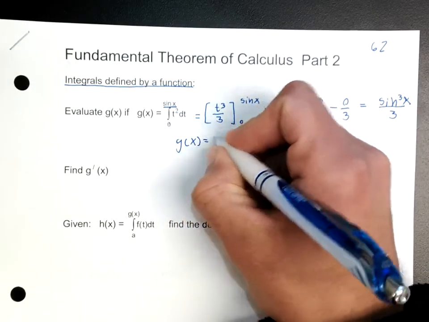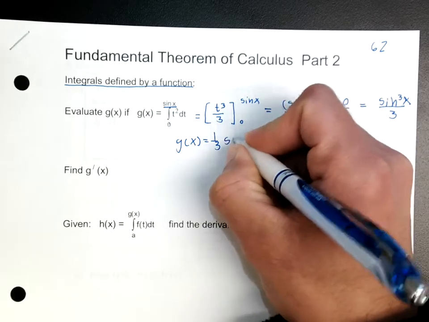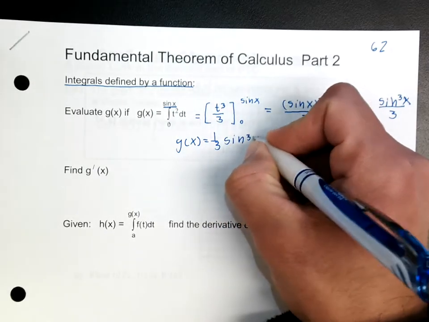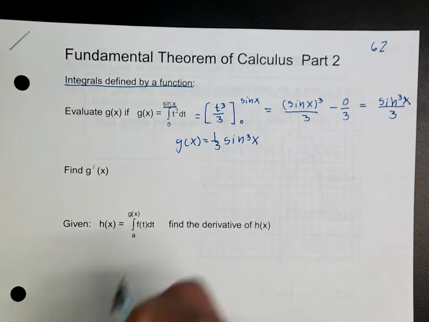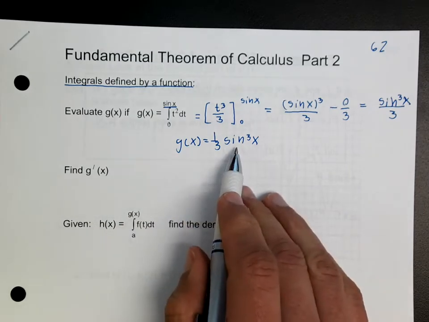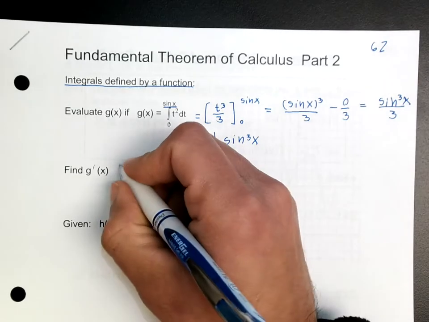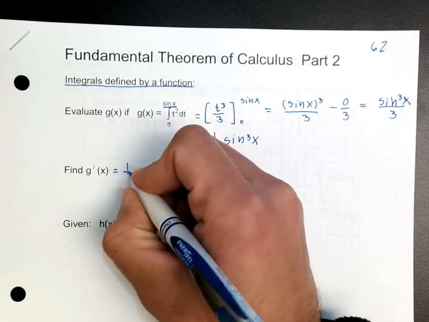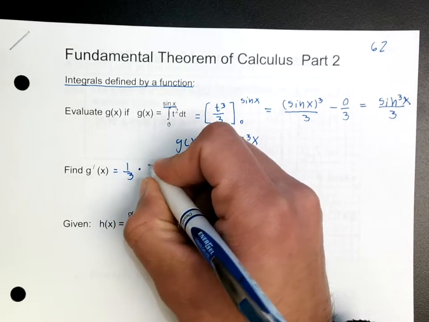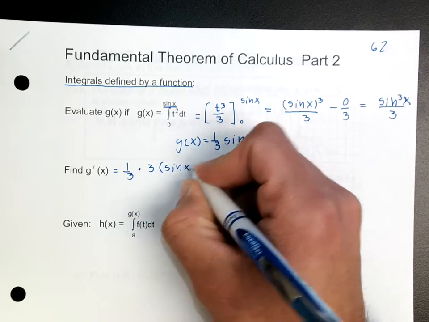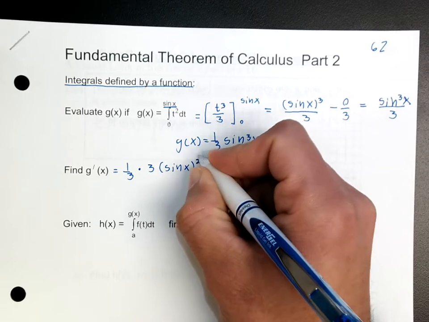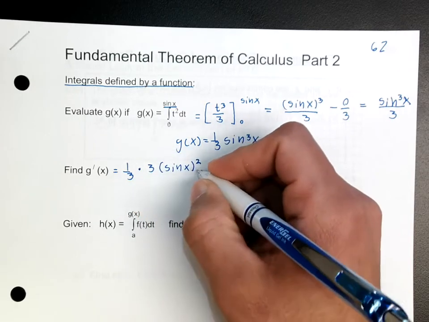G of x is equal to 1/3 sine cubed of x. Now we're going to take the derivative of that. Remember that this would be a chain rule. So that would give me 1/3 times 3, and I know this is sine squared. Remember that was a cubed here, now it's going to be 3.